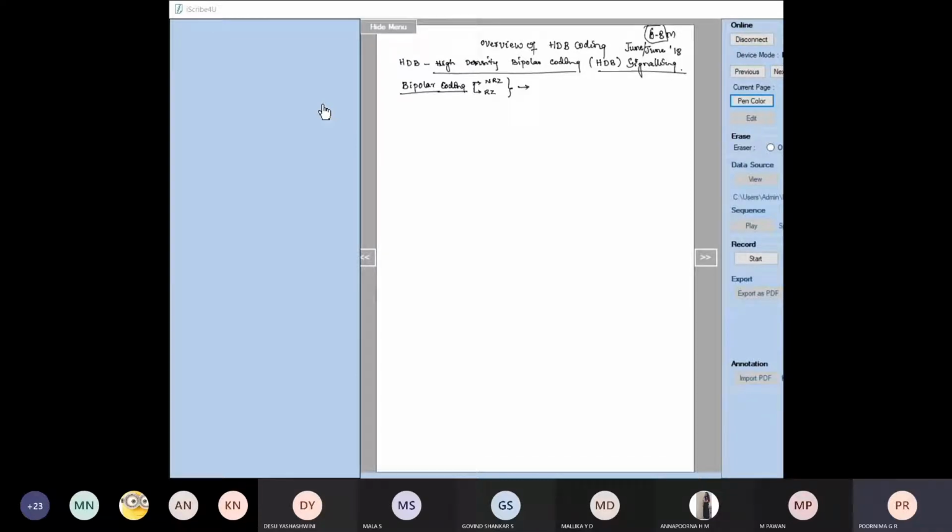How do you represent x of t? How do we represent x of t in bipolar coding? It's also called AMI coding.